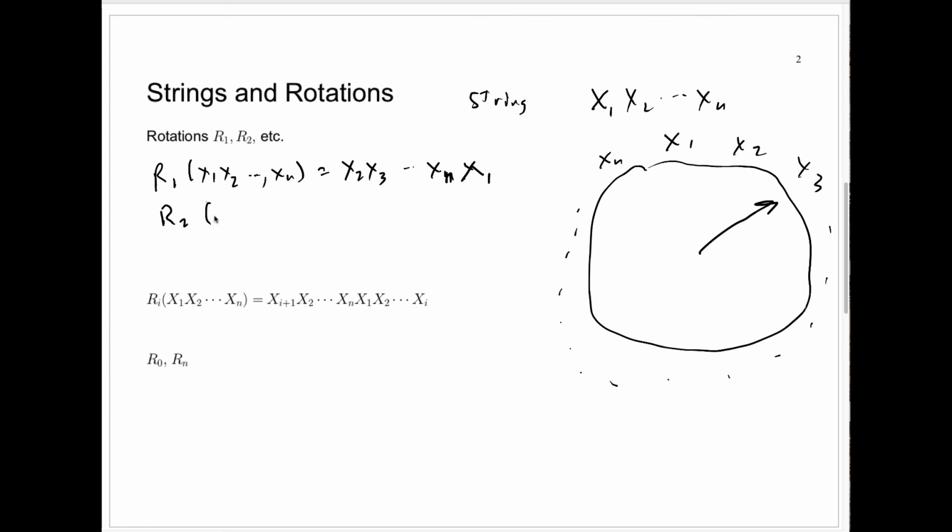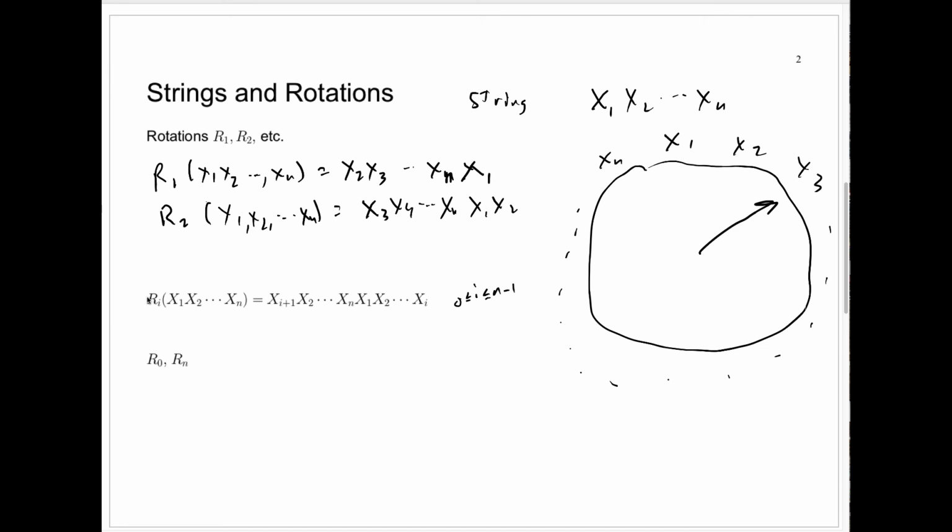R2 of the original string, x1, x2, through xn, would just be the string that starts with x3, then x4, all the way up to xn, and then we have x1, x2. In general, we can talk about rotation by i units. Here, i will go from 0 to, normally we would say up to n minus 1.